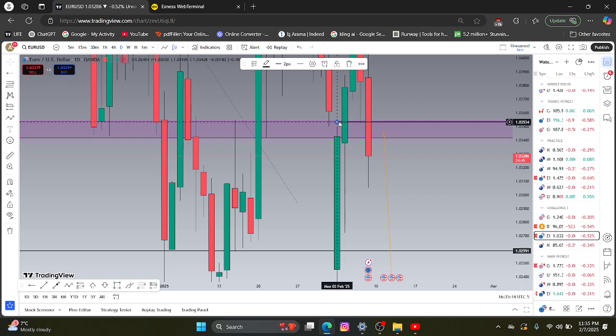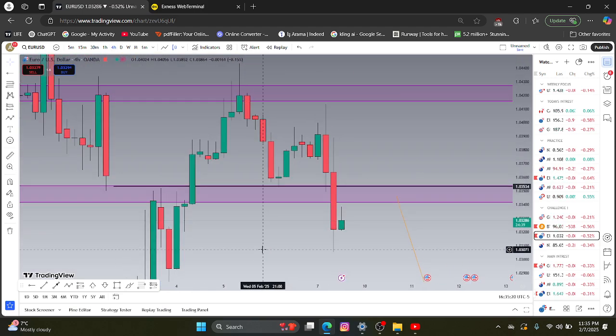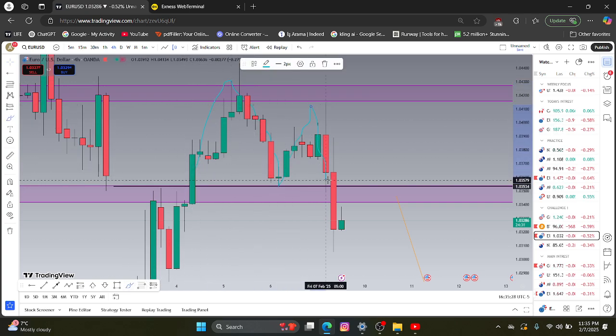But look, if you put that there and drop to the 4-hour time frame, you'd see there's also the same thing I'm telling you guys. You see there's this pattern. It broke. Now the market is even trying to retest this. It's coming back here in this zone.